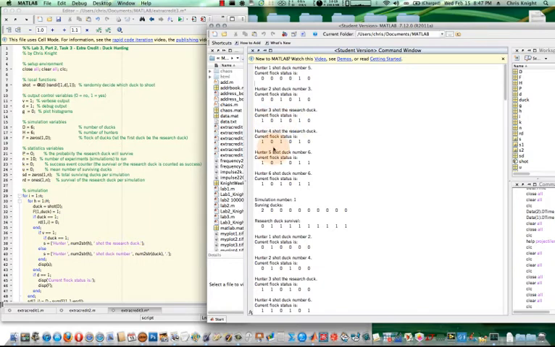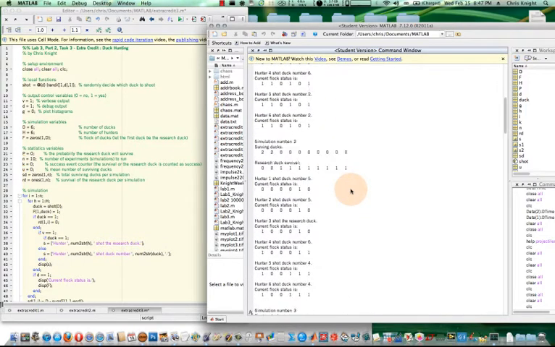In this case, it doesn't change because both of them shot the research duck. They both shot the same one. So in this case, same thing. We had the same duck number 6 get shot. And then we see for each one of the 10 runs through here how many ducks survived. And this happens for each one of these.